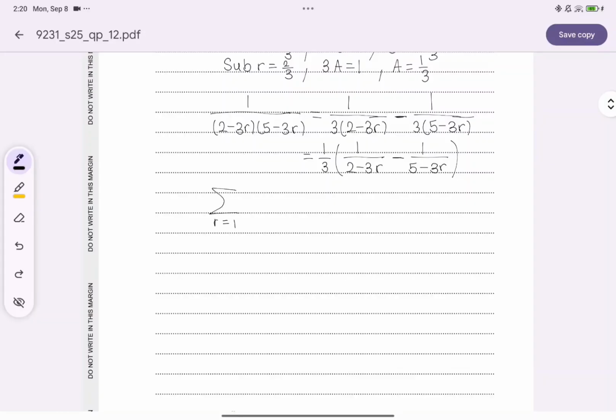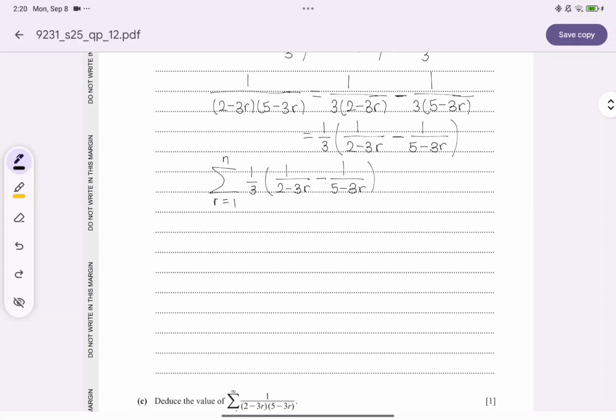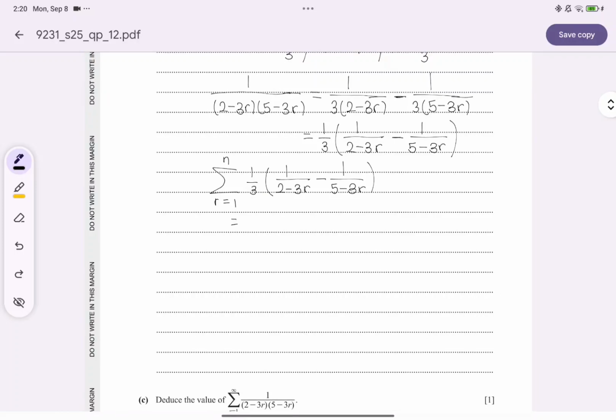So all the way from r equals 1 to n of 1/3 times (1 over 2 minus 3r minus 1 over 5 minus 3r). As you can see, we have a constant inside of the sigma, so we have to take that out.